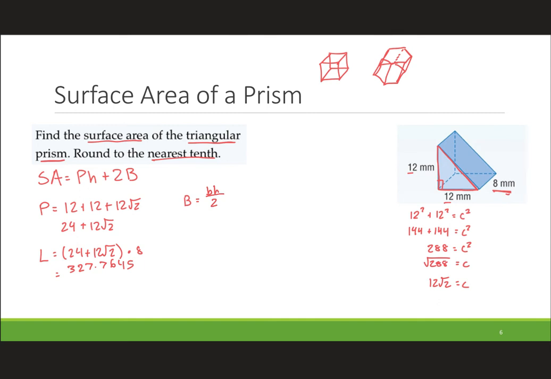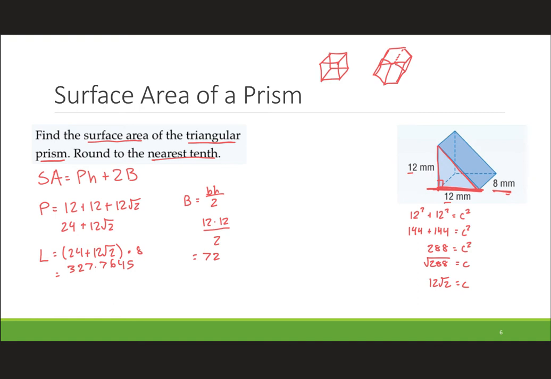Lowercase b, the base of the 2D figure. Capital B, the base of the 3D figure. Okay, just keep those straight in your head as we go on. And then since I have a right triangle over here, it's going to be 12 times 12, since those lengths are the height and the base, divided by 2, which means that my area of my base is 72.